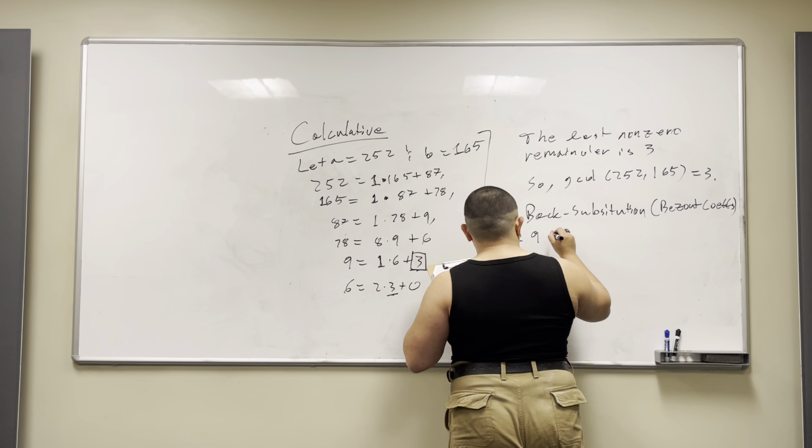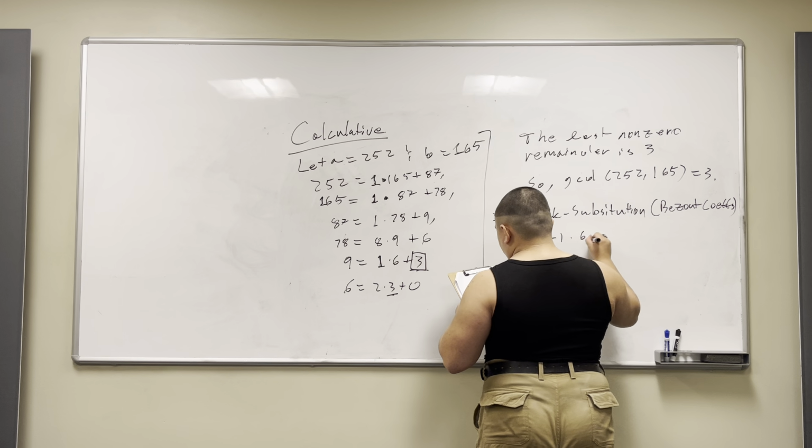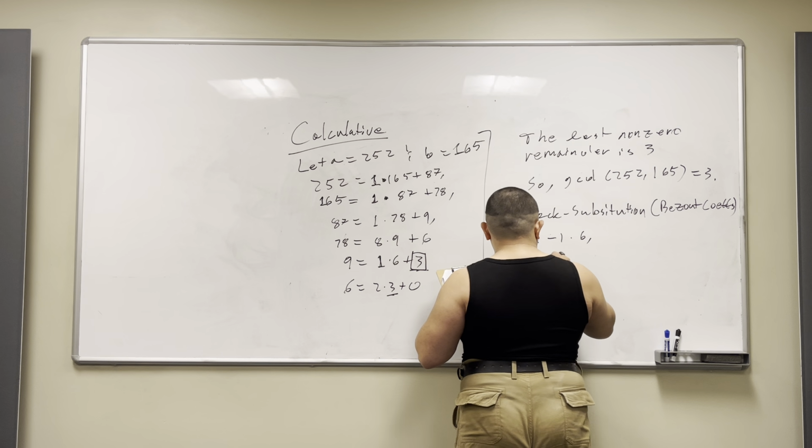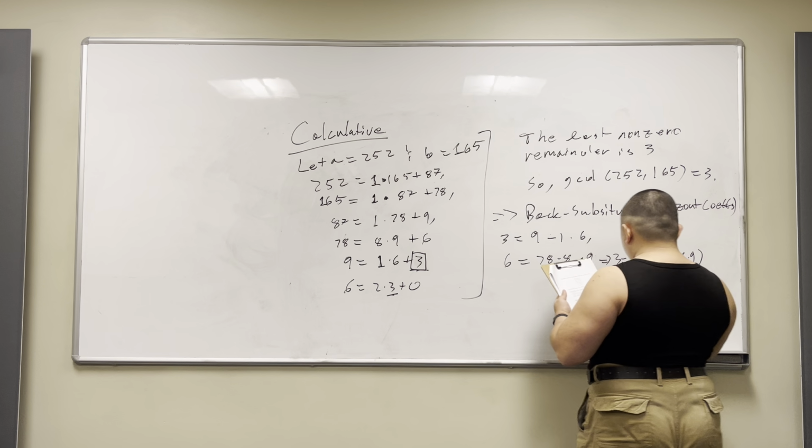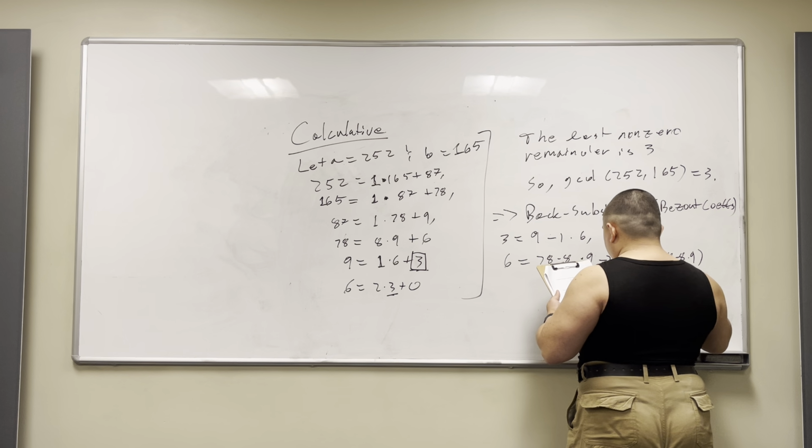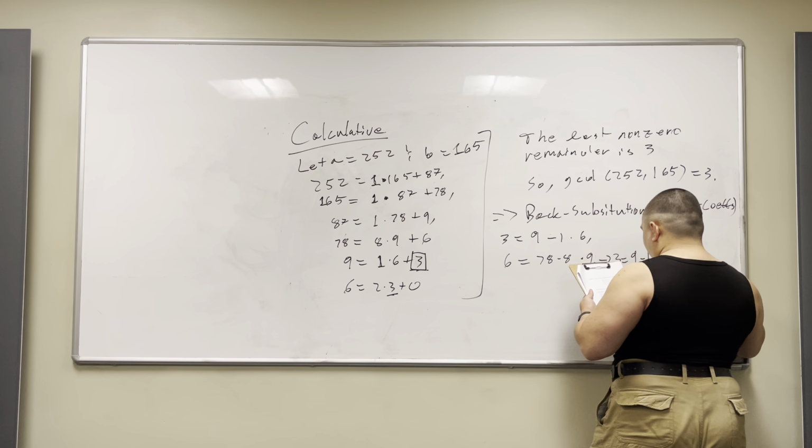3 is equal to 9 minus 1 times 6. 6 is equal to 78 minus 8 times 9. And this implies 3 is equal to 9 minus 1 times (78 minus 8 times 9), which is equal to 9 times 9 minus 1 times 78.